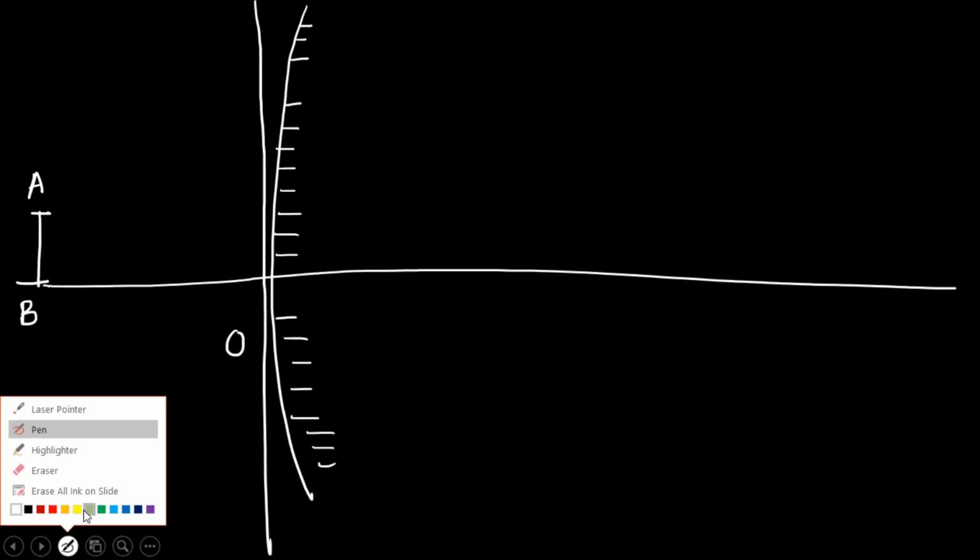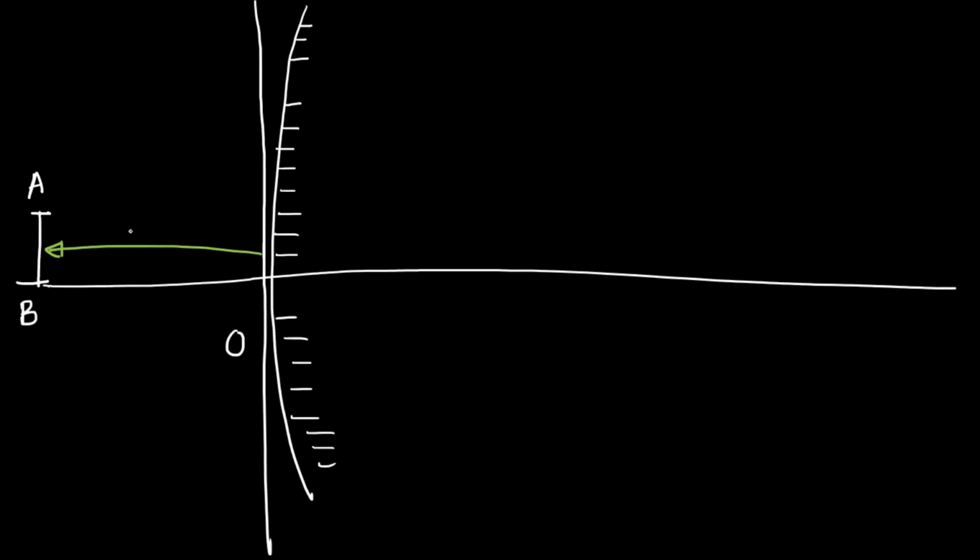A couple of things are obvious. I'm going to write it down here. One is that, and this is the convex mirror, the object distance, which by the way we are calling u, is measured from here till here.